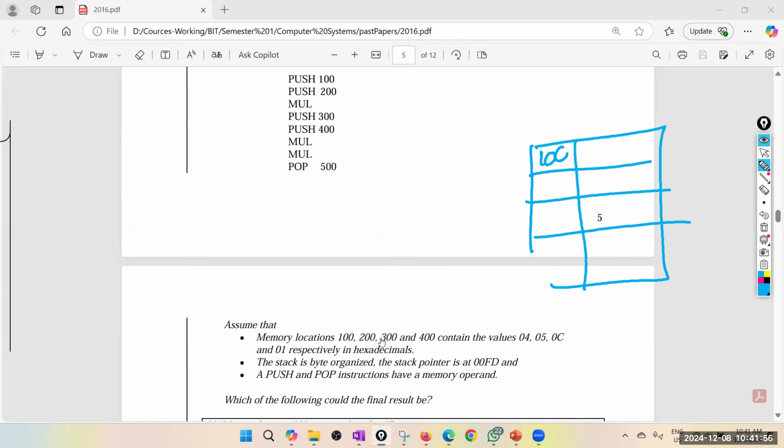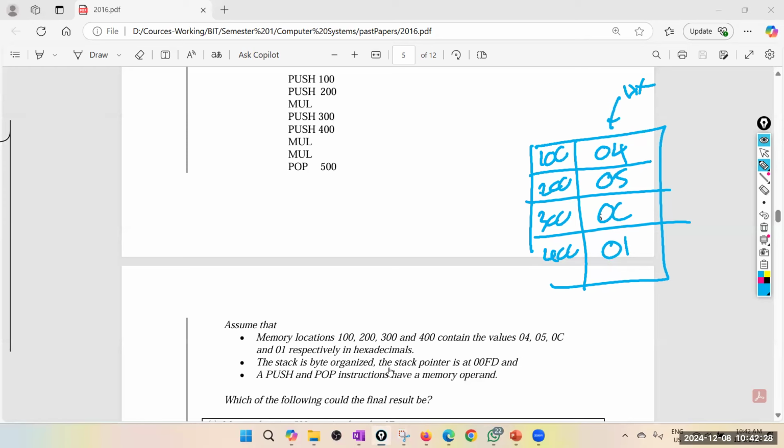I don't know whether it's hexadecimal or whatever. Let's say 100, 200, 300, 400. And values are 04, 05, 0C, and 01 in hexadecimal. These are definitely hexadecimal because you can see C. These are the content, these are the addresses.